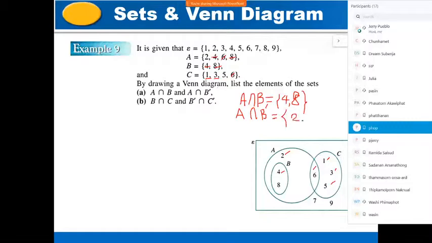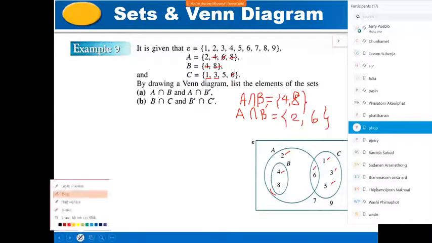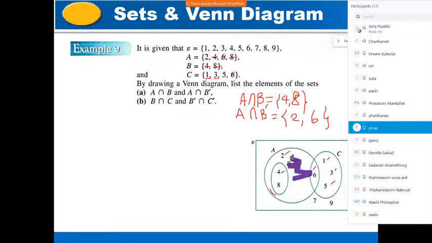This element is inside of A but outside of B. That's why I make a highlighter on this portion, outside here.